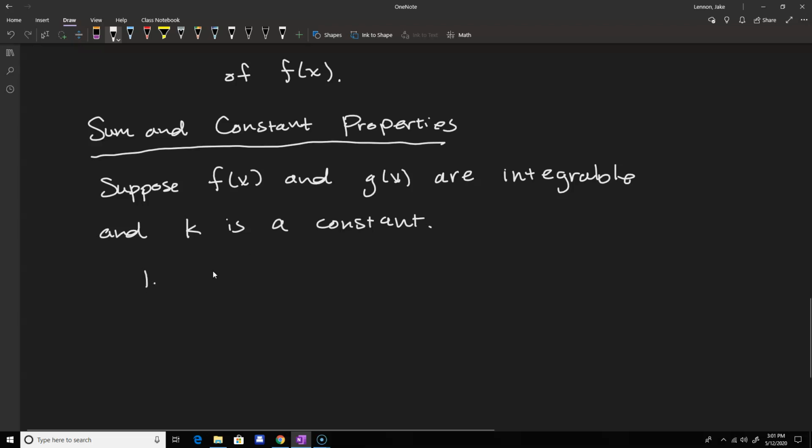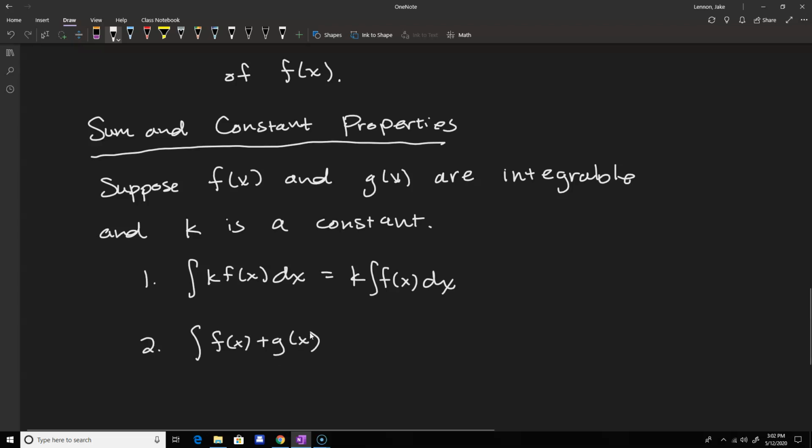Then we have two properties. One, the integral of k times f of x is the same as k times the integral of f of x dx, and also two, the integral of f of x plus g of x is the same as the integral of f of x dx plus the integral of g of x dx.